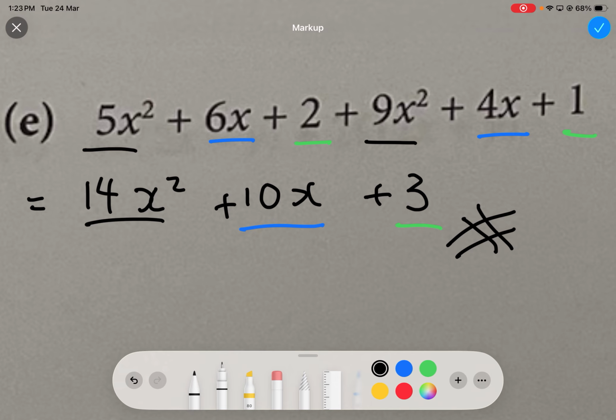1 plus 1 equals 3. Wait, what do you have to do? How to start?